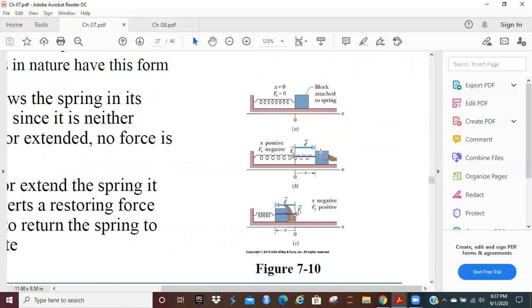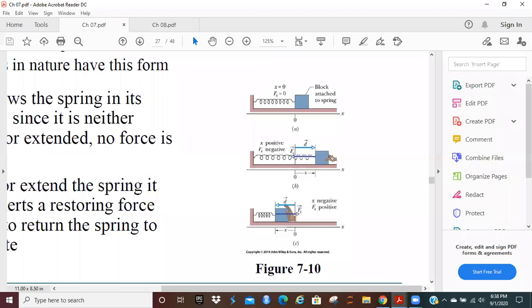And if you pull it too much, what's the spring's reaction going to be? The spring is going to want to pull this block this way, right? And the reason is it doesn't like being extended out this far. It wants to be here. You've pulled it back here.